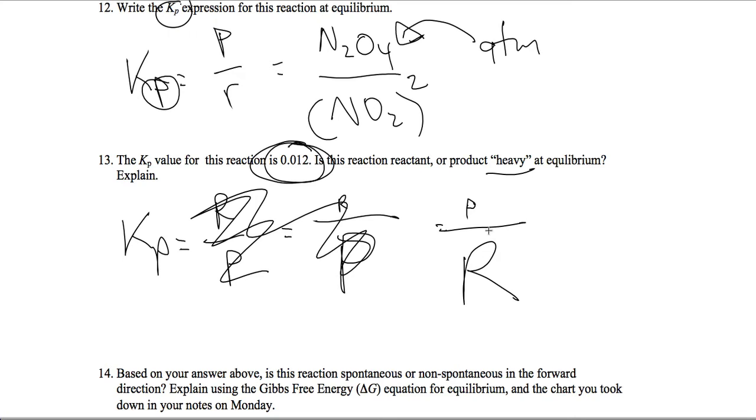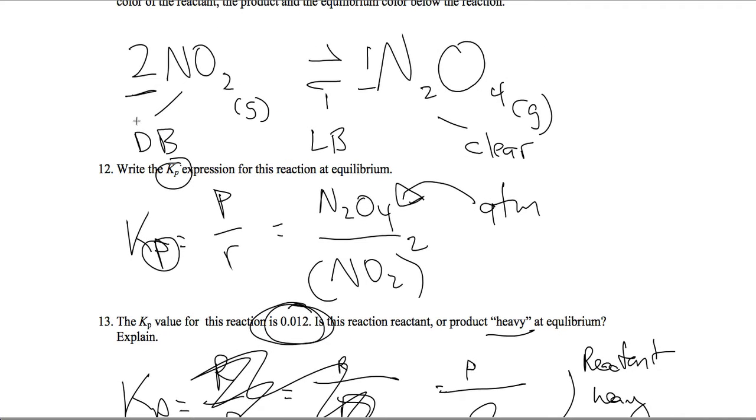A large reactant value and a small product value is going to give you an equilibrium that is reactant heavy. Sort of explains why initially the reactant was dark brown and the equilibrium color was light brown. These two had more in common than these two.